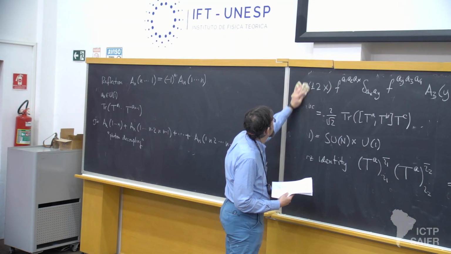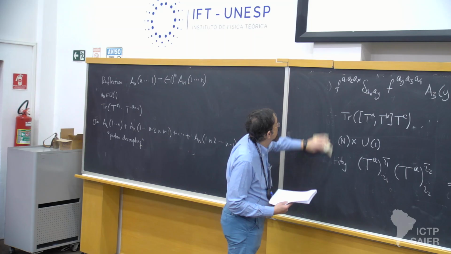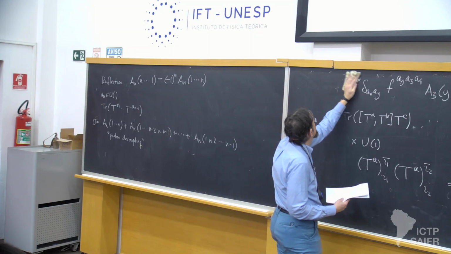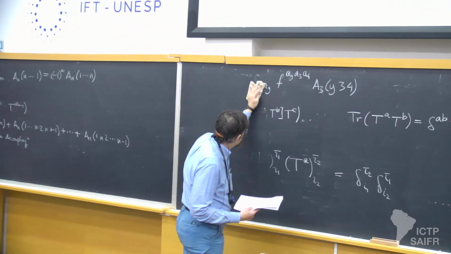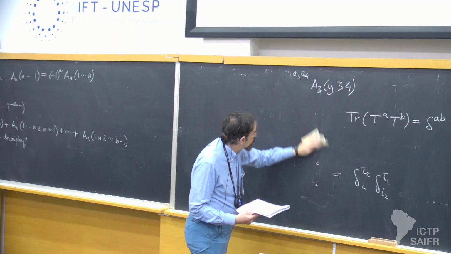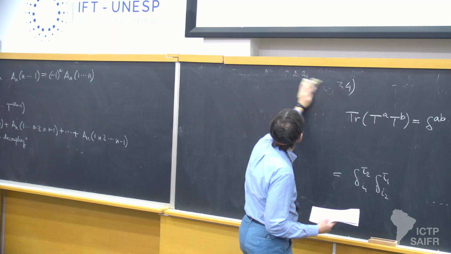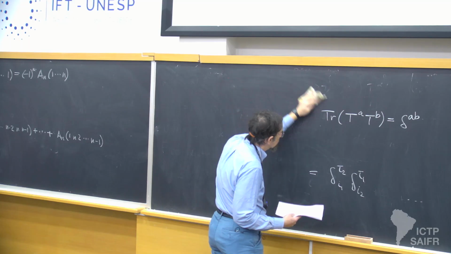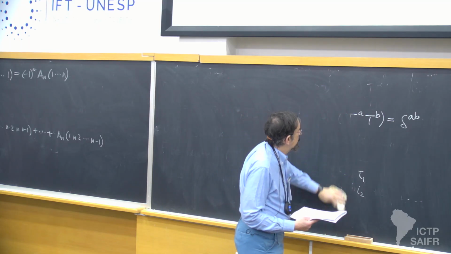So, as I mentioned in yesterday's lecture, one of the key ideas in scattering amplitudes is to use general properties of the amplitudes and turn them into tools for doing calculations.